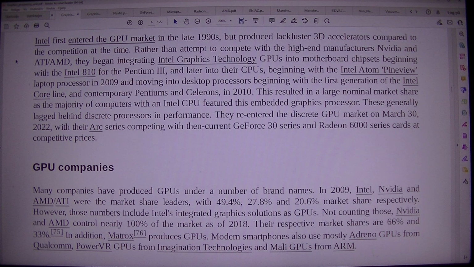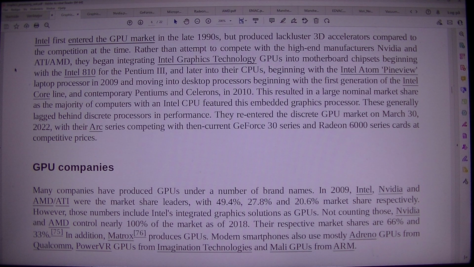Rather than attempt to compete with the high-end manufacturers Nvidia and ATI/AMD, they began integrating Intel graphics technology GPUs into motherboard chipsets, beginning with the Intel 810 for the Pentium 3, and later into their CPUs, beginning with the Intel Atom Pineview laptop processor in 2009 and moving into desktop processors beginning with the first generation of the Intel Core line, and contemporary Pentiums and Celerons, in 2010.